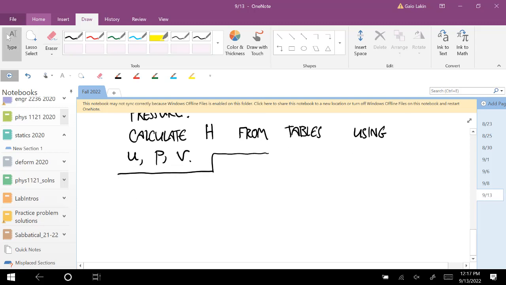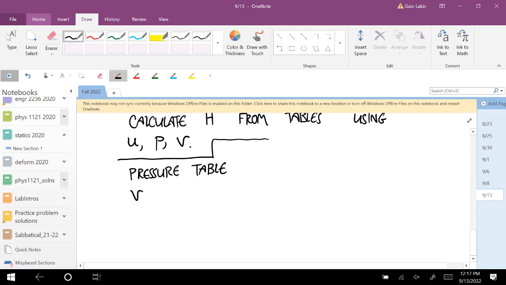All right, so in the table, we use the pressure table. And in the fluid column, because this is a liquid, you get that the specific volume is 1.0432 times 10 to the minus third meters cubed per kilogram.